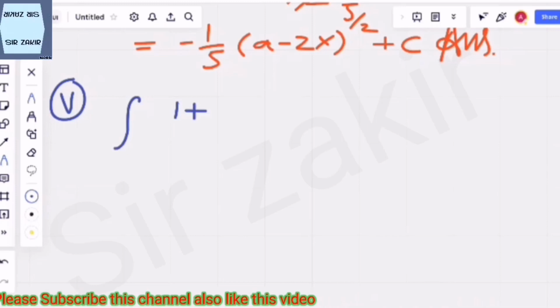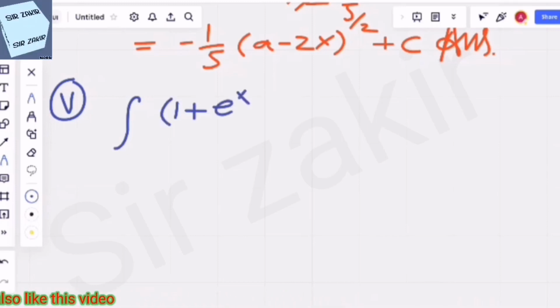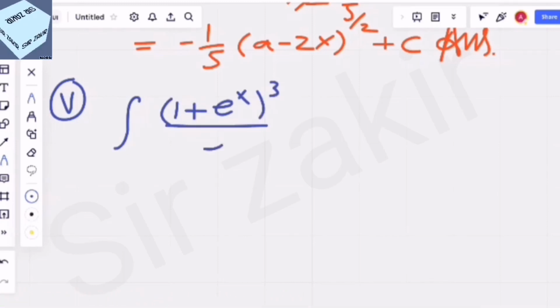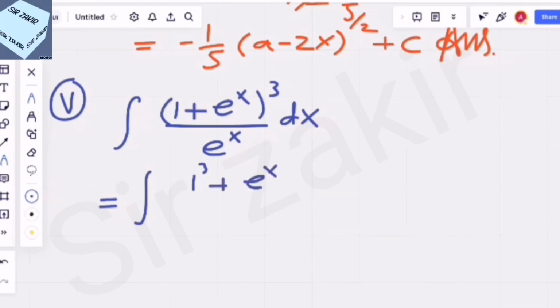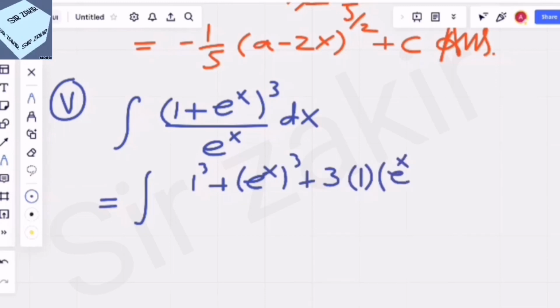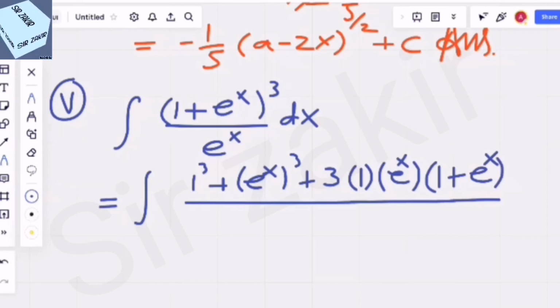Part number 5 is (1 + e^x)^3 / e^x dx. First we expand the cube in the numerator: a^3 + b^3 + 3ab(a + b), divided by e^x dx.